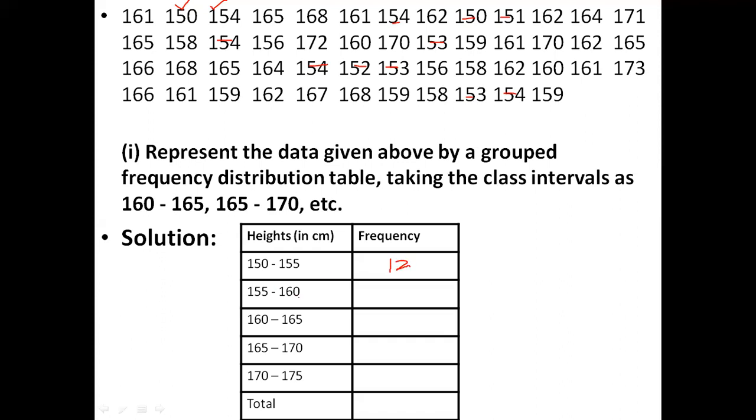Then I go 155 to 160. So I need to consider up to 159. So I search for 155 in this.